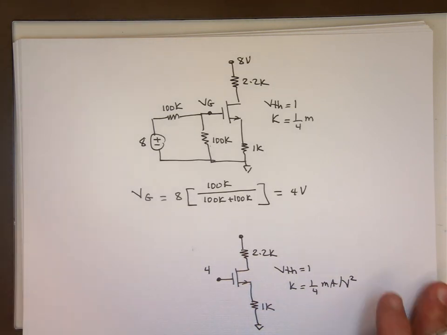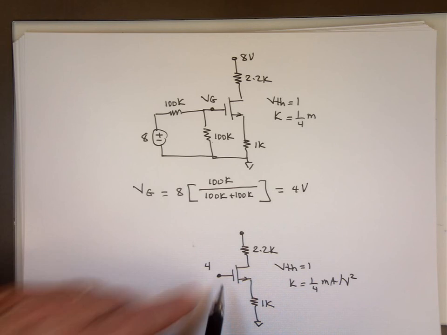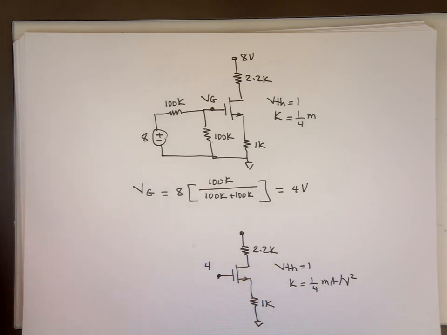Okay, once we get to this point, now we need to go through it and figure out what we have out there. Now I'm noticing that VG is positive, and it's bigger than the threshold voltage. So I know that transistor is actually on. But is it in saturation, or is it in ohmic mode?